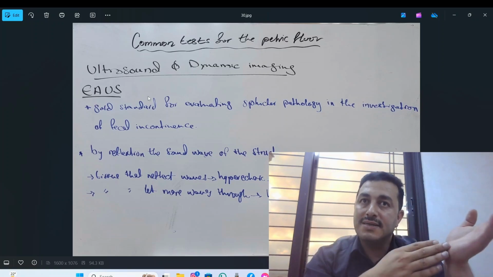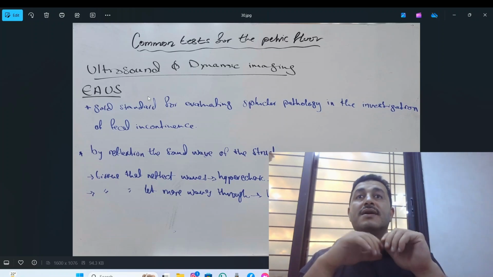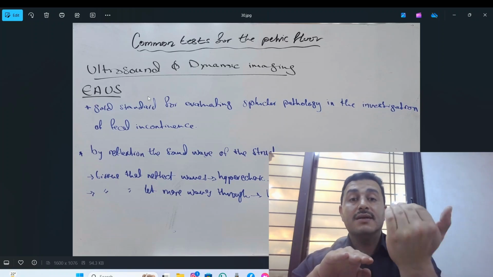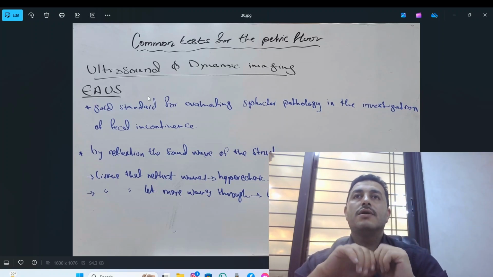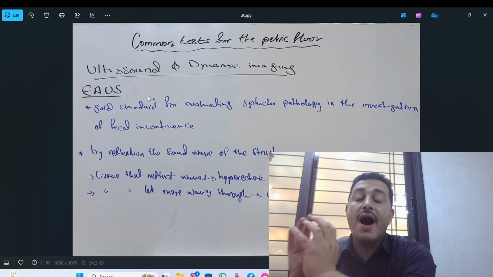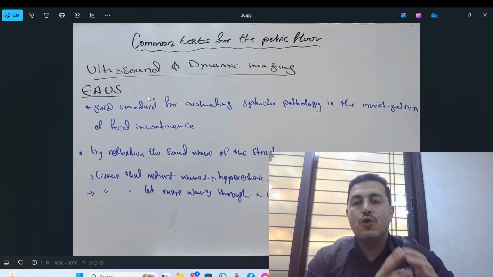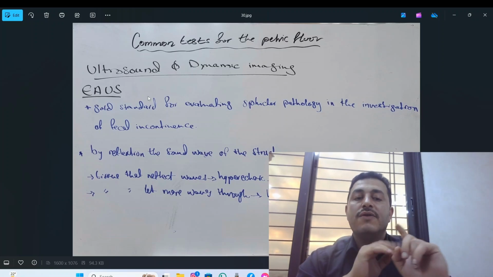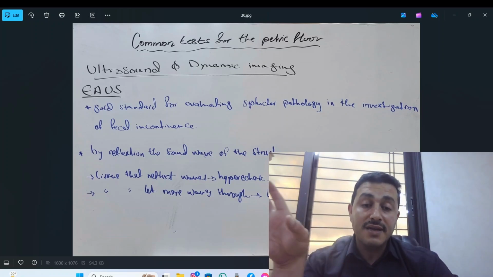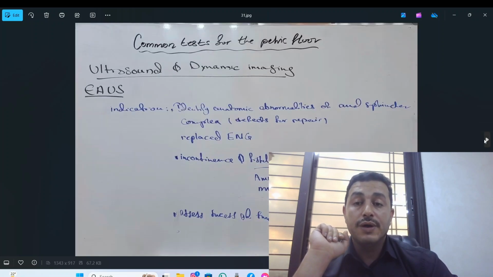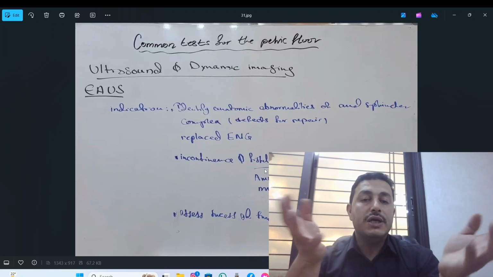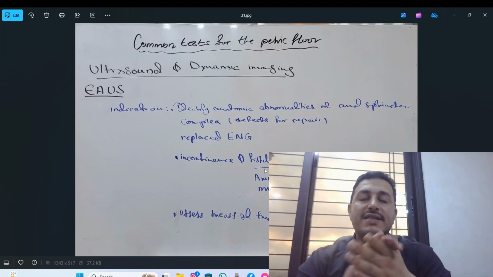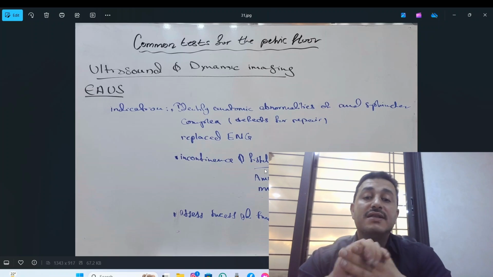The external anal sphincter and puborectalis have less water, so they reflect the wave more. They are hyperechoic, they will look white. So white, hyperechoic, reflects the wave. This is like the external anal sphincter and puborectalis.